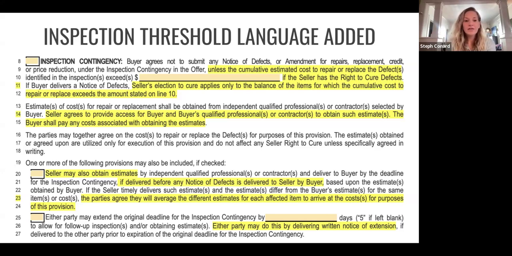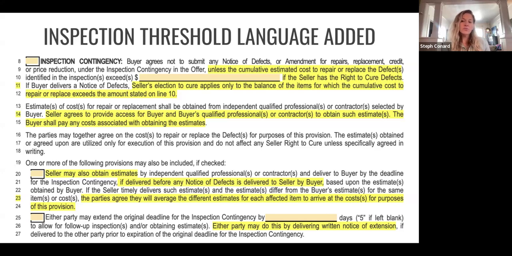So it's really a conversation with the buyer in terms of what you would want to put in that line 10. But that's the dollar amount that you would identify as the buyer, not requesting any amendment or proposing any amendment or submitting a notice of defects or replacement or credit if it falls under that amount.